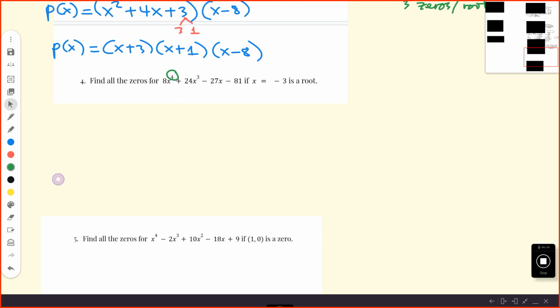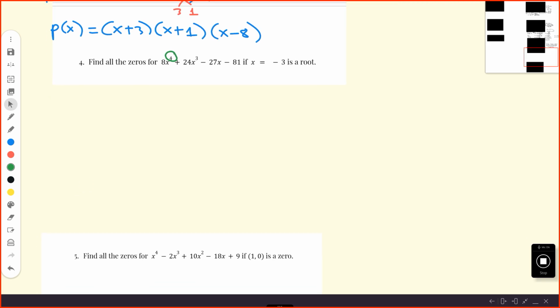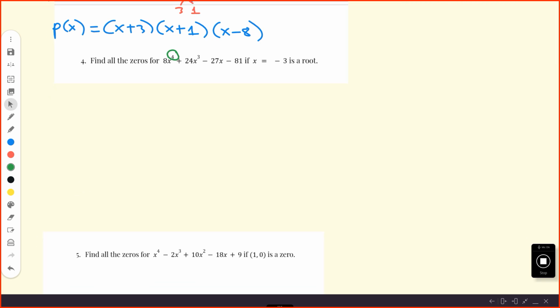All right, for number 4, we're going to find all the zeros for 8x to the 4th plus 24x cubed minus 27x minus 81, if x equals negative 3 is a root. Since you're already given the root, we don't have to switch the sign. We know that x equals negative 3, so we can use negative 3 and synthetic division. List down all the coefficients of the given polynomial.